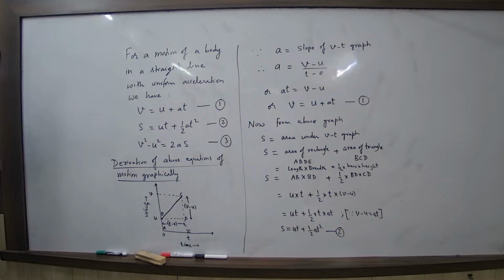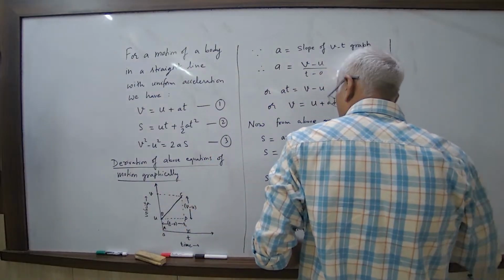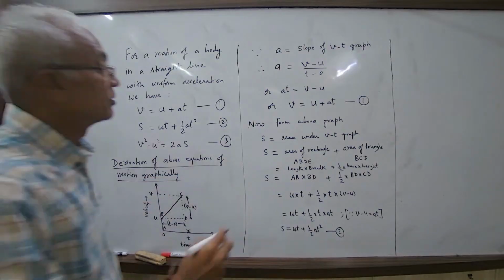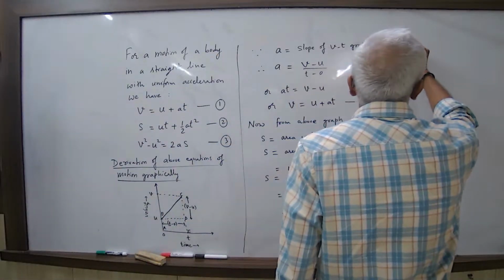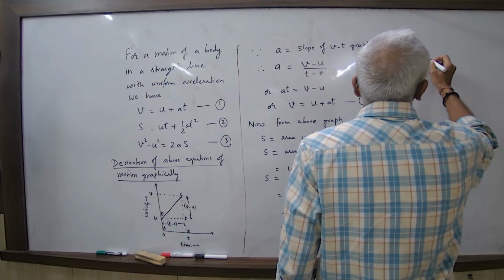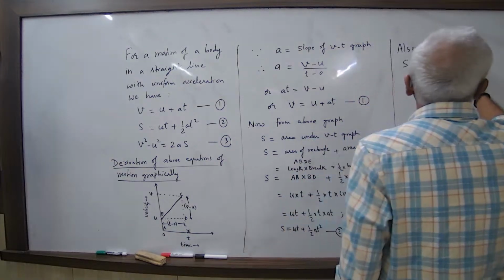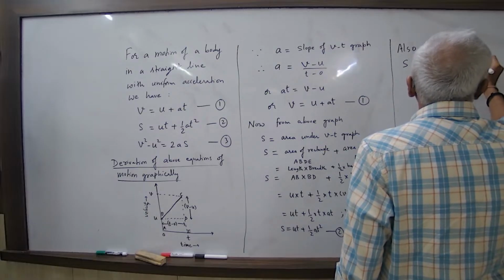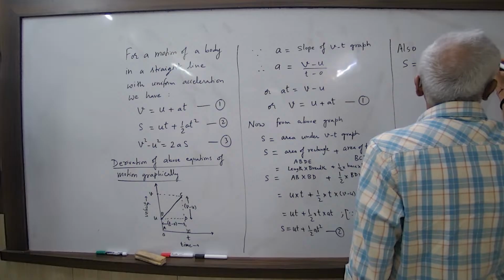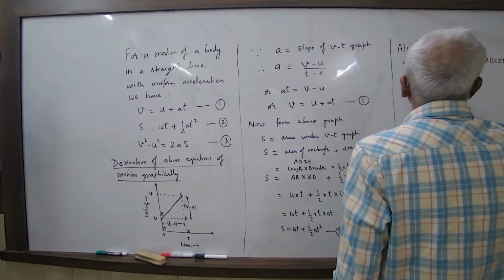Done? Now the last one. The last equation also involves displacement, right? So again s is equal to the area of the trapezium ABCDE.